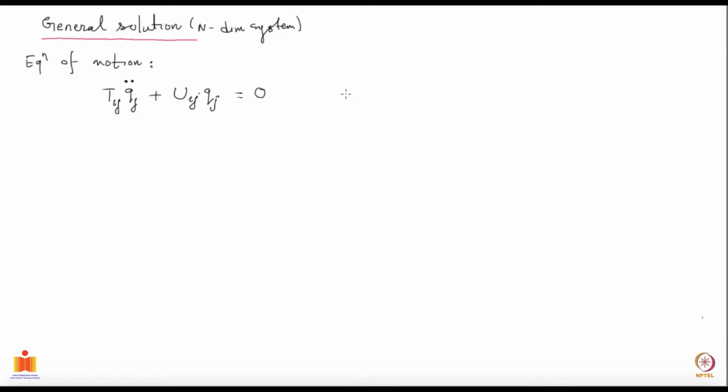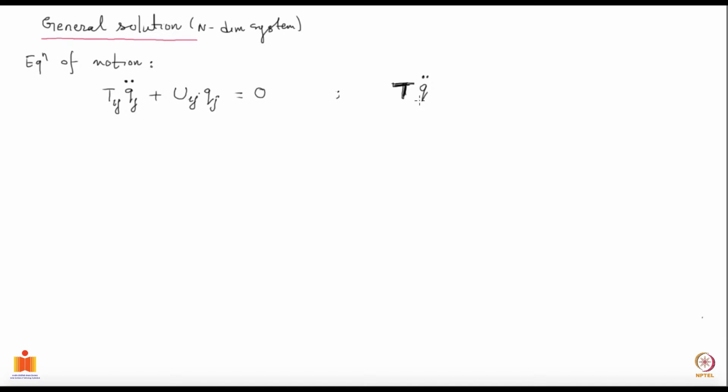I can write the same equation in matrix form, so the same thing looks like this. Let me write it down on the right hand side. So let me denote by T the matrix corresponding to these elements Tij, and then we have Q double dot.